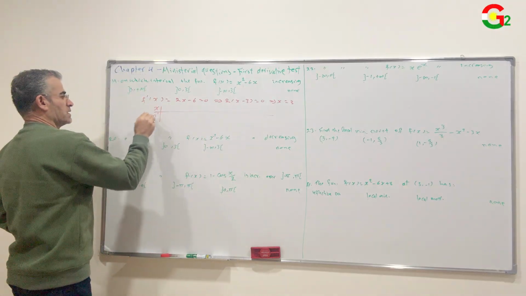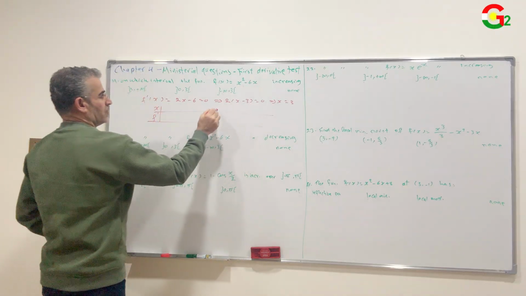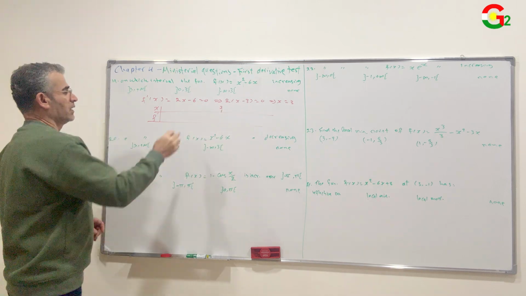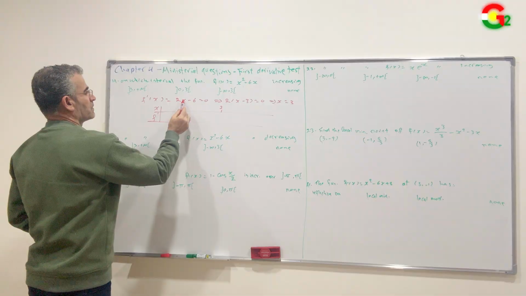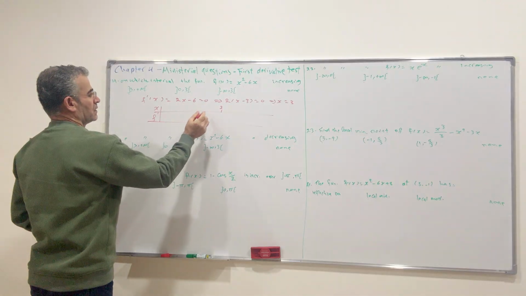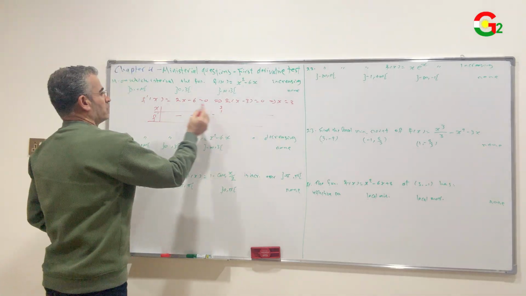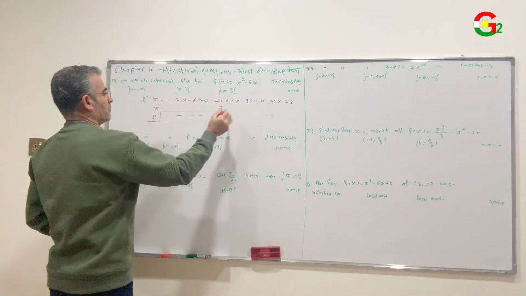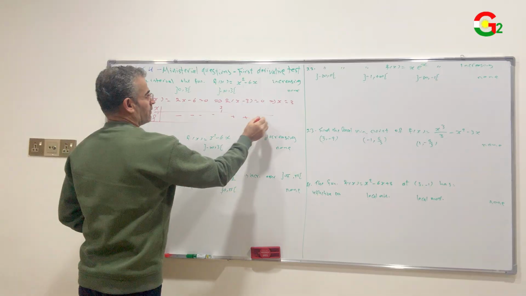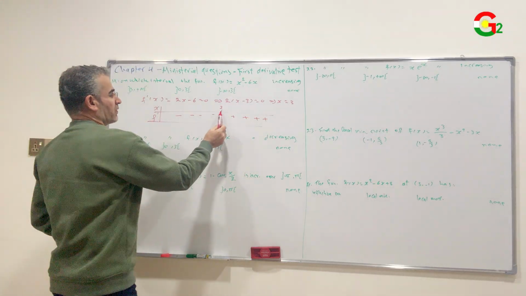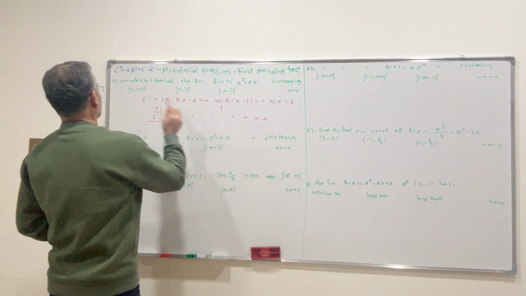Find the sign of the derivative before and after 3. When x is less than 3, take 1: 2 times 1, 2 minus 6, negative value. When x is greater than 3, take 4: 2 times 4, 8, 8 minus 6, 2, positive value. Therefore, the increasing interval is from 3 to positive infinity.